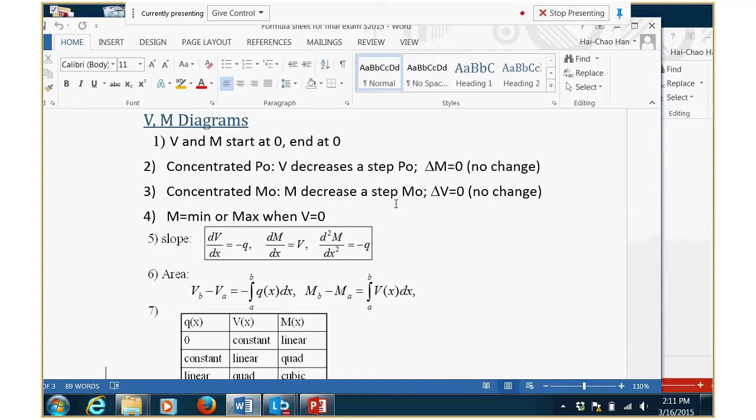I may not explain them one by one, but the key thing I want to point out is how the areas are related: the area under V will be the change in M. That's one relation. Also, if there is a concentrated force, only the shear force jumps. If there is a concentrated moment, only the moment jumps. So there is no cross-talk between force and moment when you draw the VM diagram. Those are the 2 key points I want to bring up.